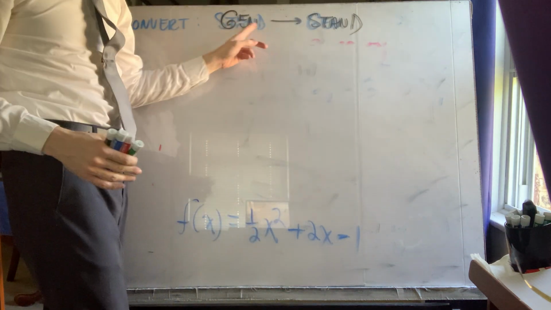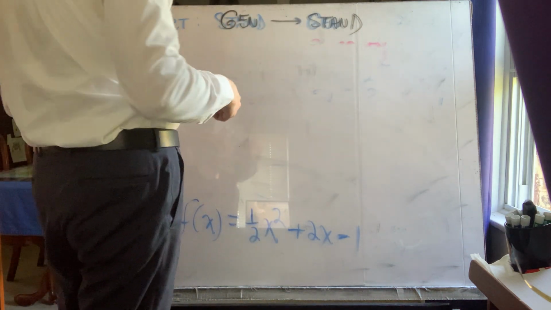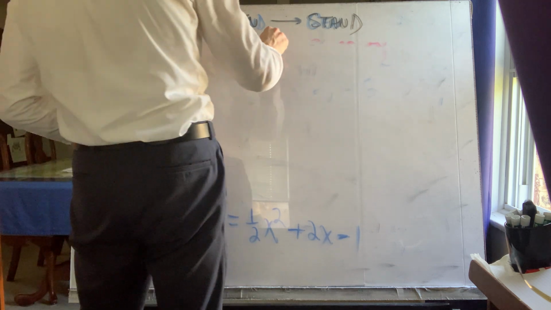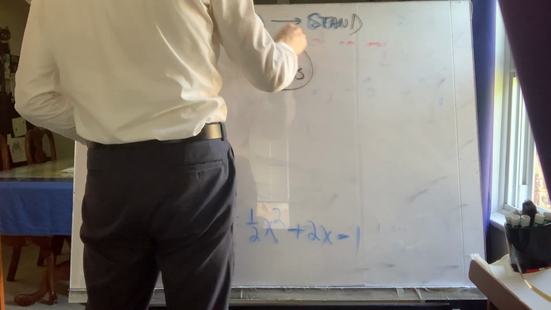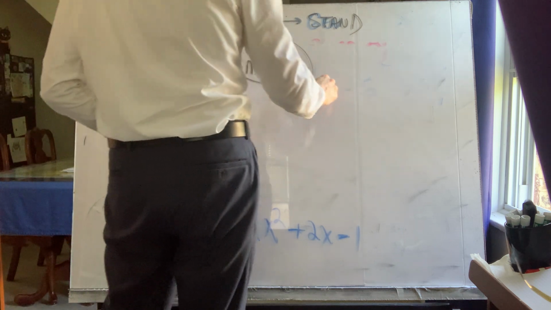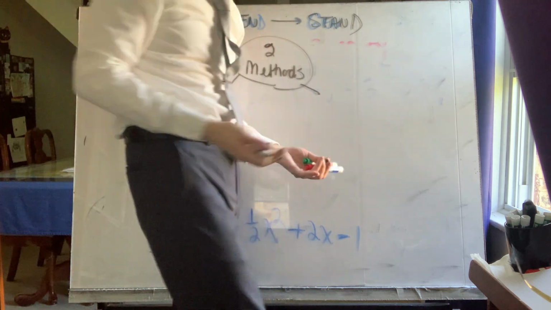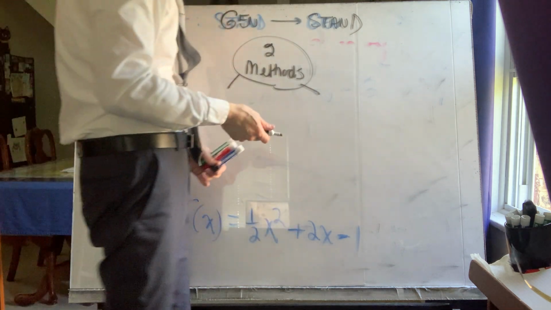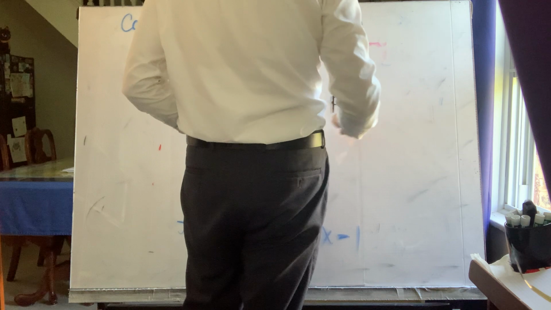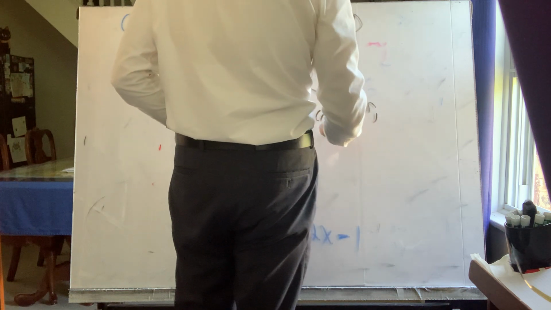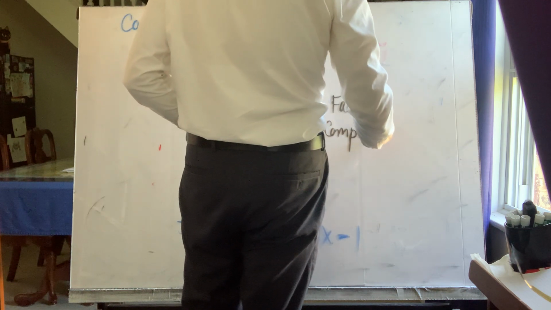If you want to go from general to standard, you have basically two choices. The more sort of elegant, perhaps, would be the word, is try to factor, and then employ something known as completing the square technique.